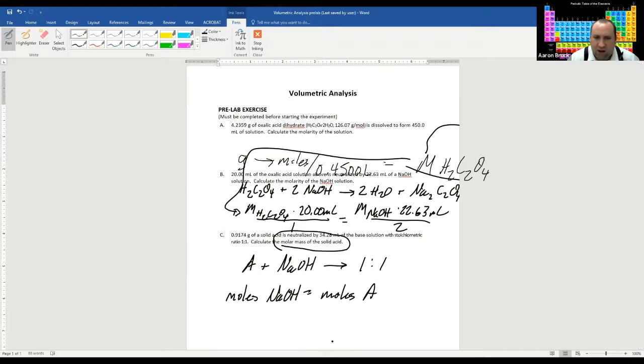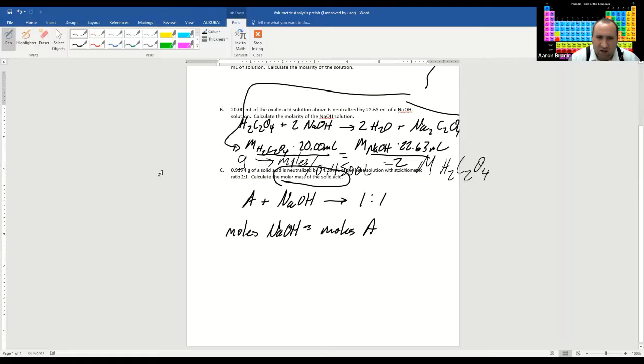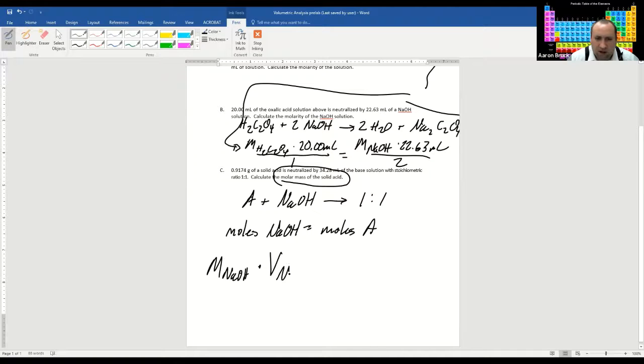And so if I use this equation, what it is going to tell me is that from a standpoint of reaction, I'm going to take the molarity of the NaOH, multiply it by the volume that I use in the titration in liters, and that'll give me the number of moles of NaOH.